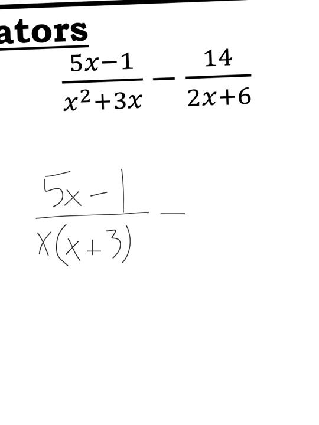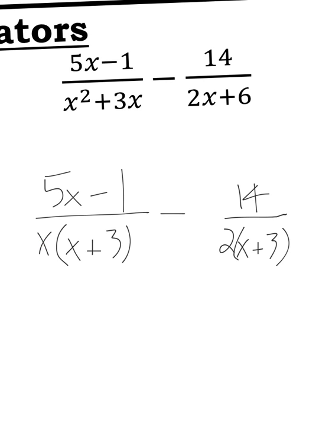And then we write minus, and then I have 14 divided by, and then what is 2x plus 6? What can you factor out from that? Well, a 2. Divide both terms by 2. 2x divided by 2 is x, and 6 divided by 2 is 3. So look, they both have an x plus 3 in common. Only this one has a 2 on the bottom, and this one has an x.